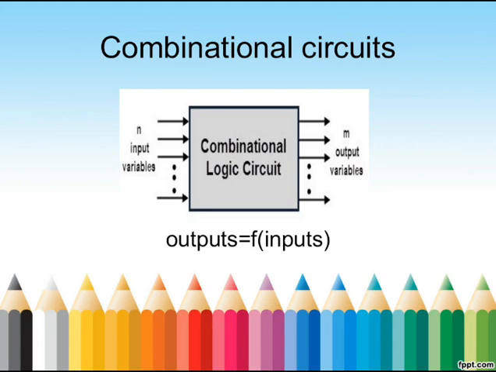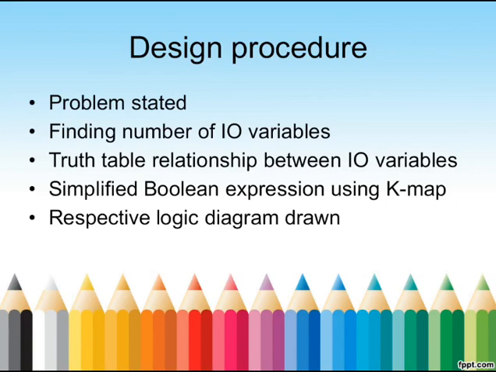The procedure to design a combinational logic circuit always starts from the problem statement and ends in a logic diagram or a set of Boolean functions from which the logic diagram can be easily obtained. So the design procedure of a combinational circuit involves several steps. They are: step 1, identify the problem.